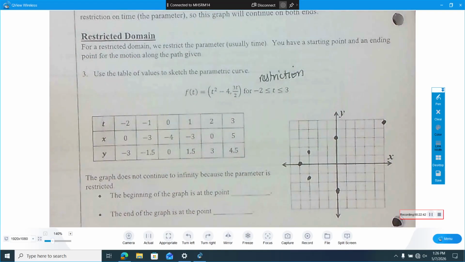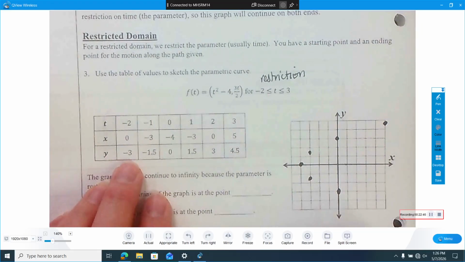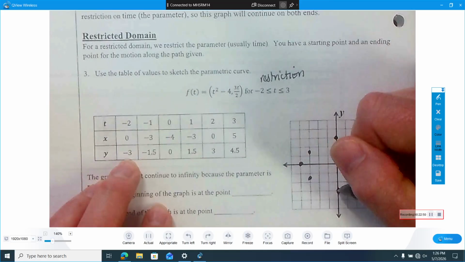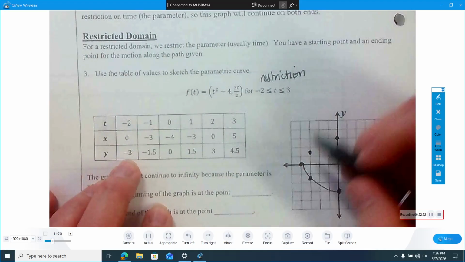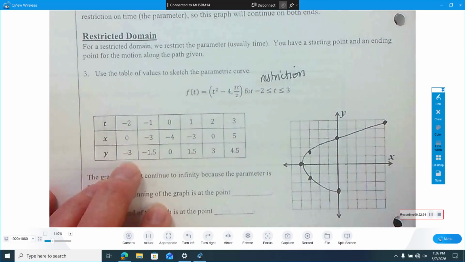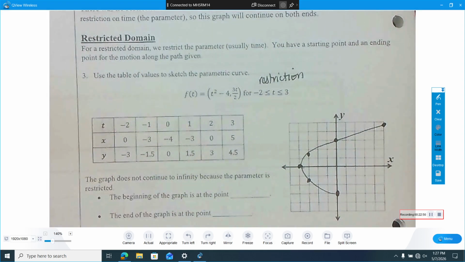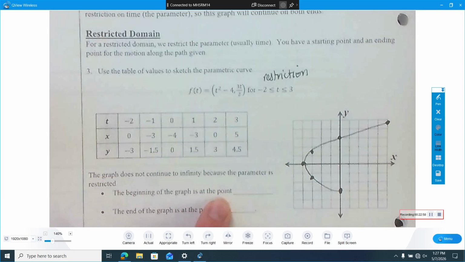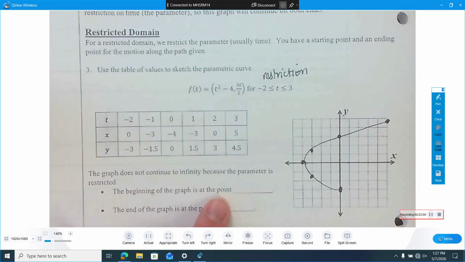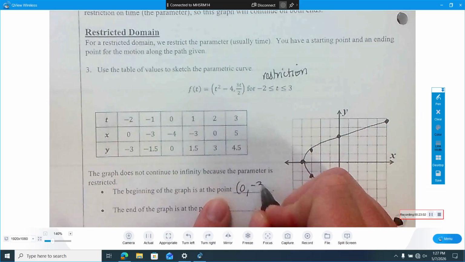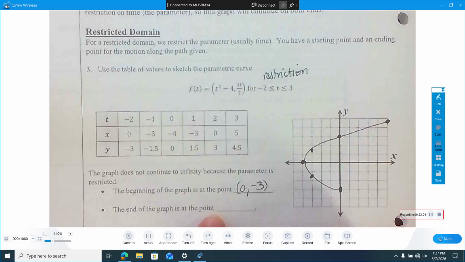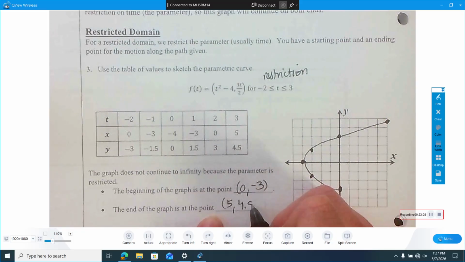And again, we're going to connect these points from the first point, the leftmost parameter. So from this point here, and we're going to connect it like that. The beginning of the graph is at what point? 0, -3. Good. The end of the graph is at 5, 4.5.